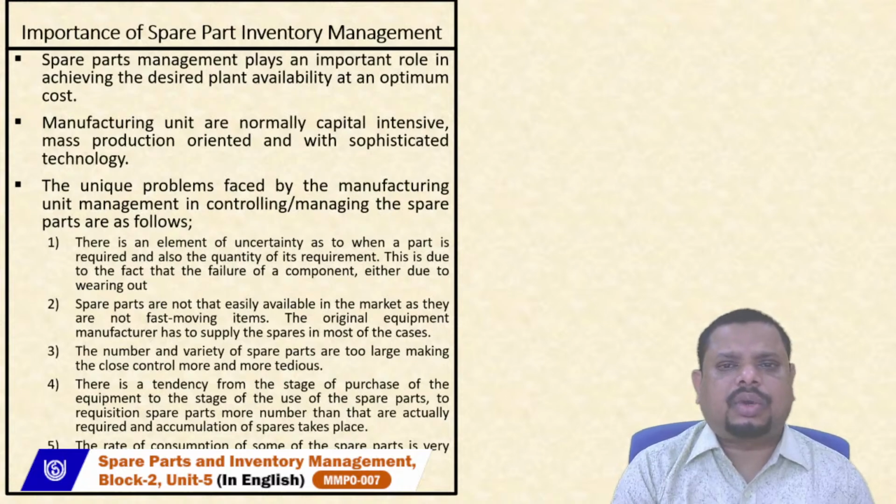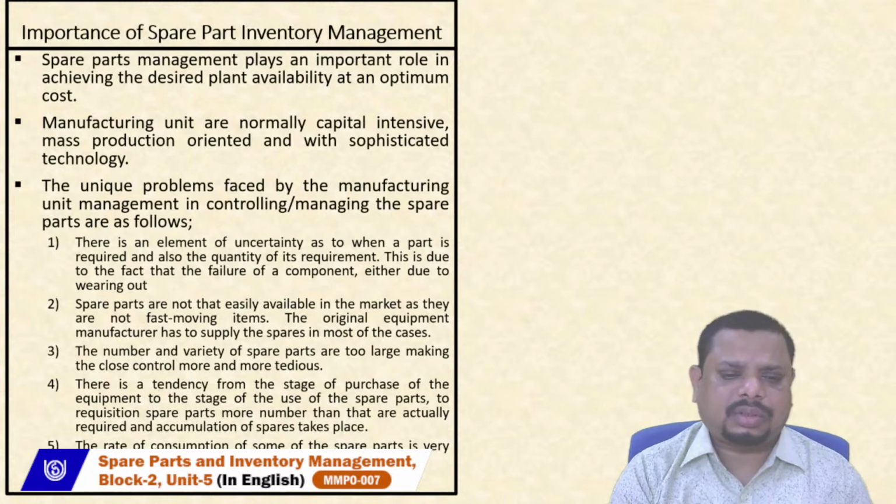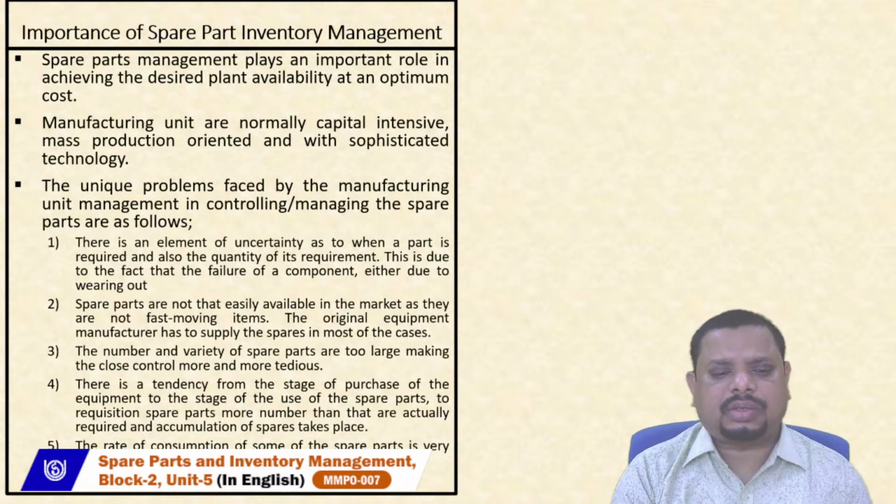In that case, holding cost is applicable, and these holding costs are hidden costs, which directly or indirectly affect your production expenses, and those expenses also affect your revenue generation.